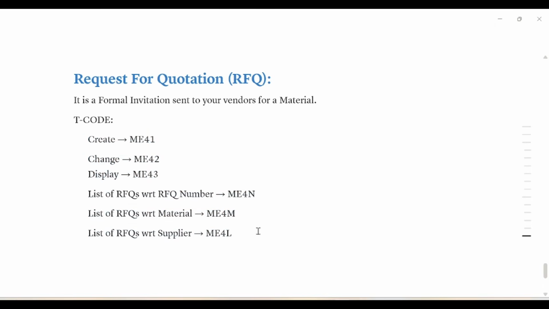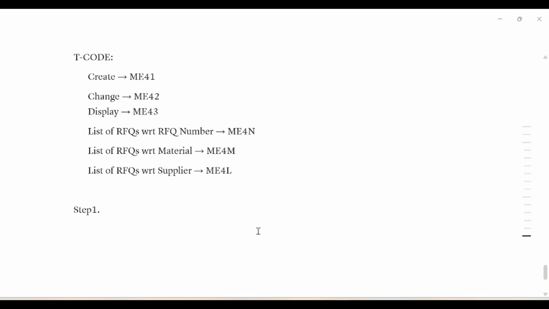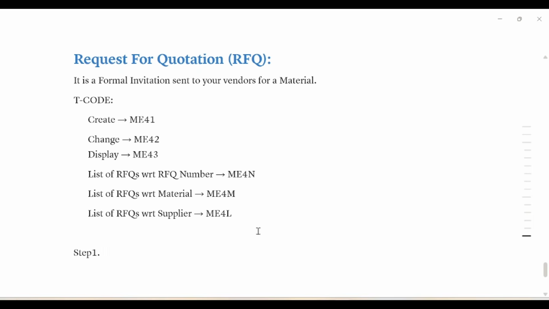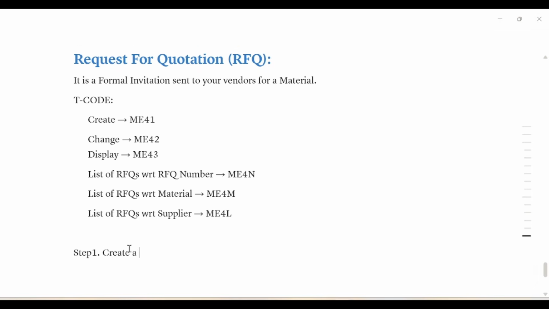Now what are the steps involved in RFQ? First of all, your internal departments create an internal request, meaning they want to purchase a material, so for that they create an internal request. So the first step is to create a purchase requisition.